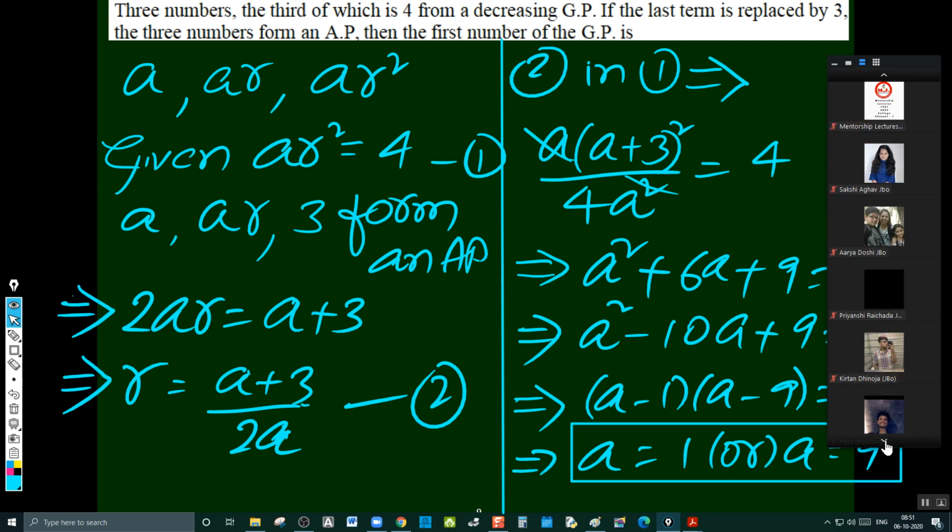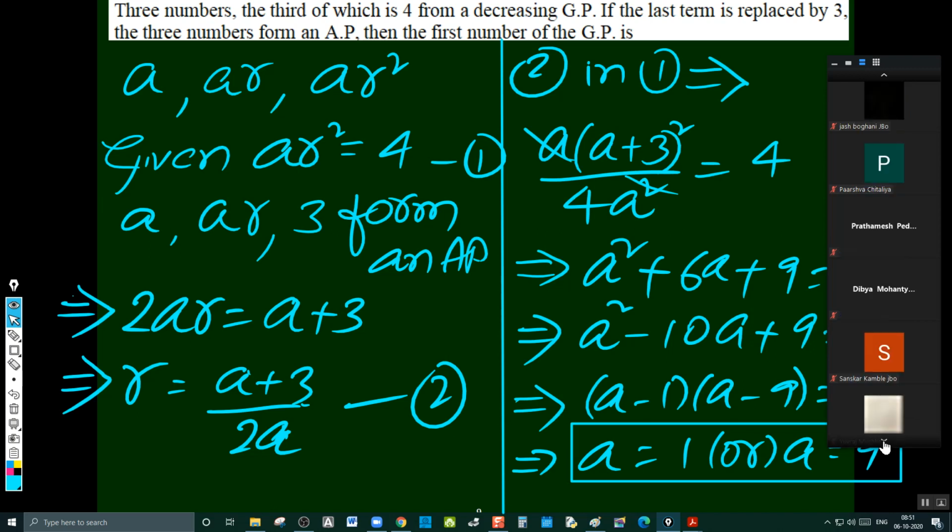And Sakshi, do you understand this? Yes, sir. Arya Doshi, Priyanshi, Kirtan? Yes, sir.